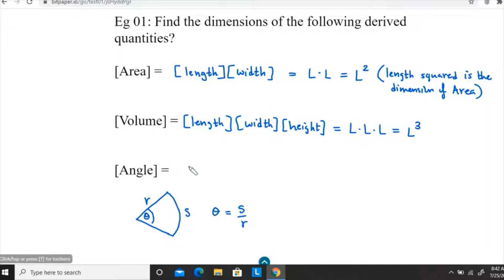So as a result, I'm going to define the dimensions of angle as dimensions of arc length divided by the dimensions of radius.